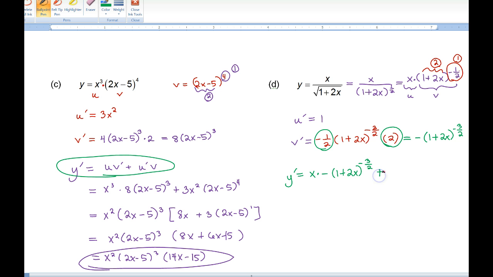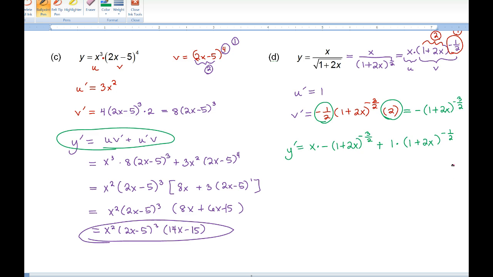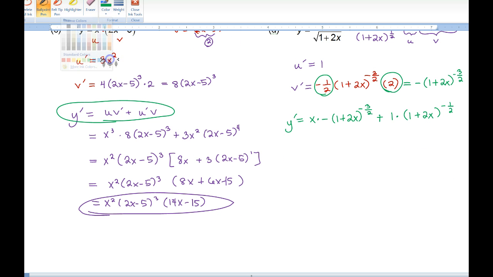And then plus, the next part is going to be u prime, which was 1, times v. And v was just our 1 plus 2x to the negative 1/2 power. I'm just going to rewrite this, so I have a negative x with a 1 plus 2x to the negative 3/2 power, plus a 1 plus 2x to the negative 1/2 power.